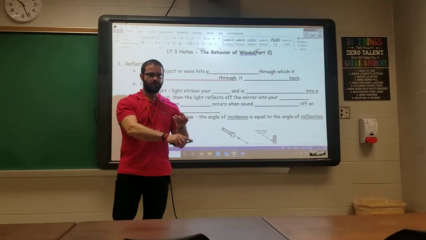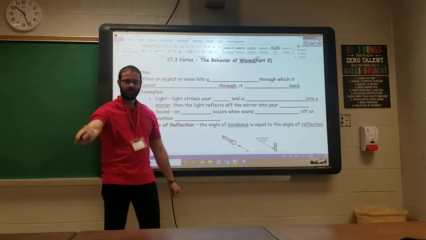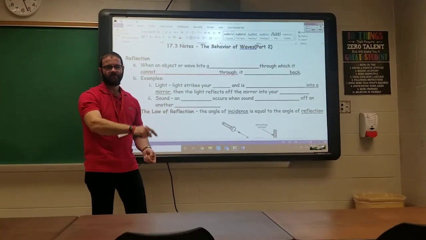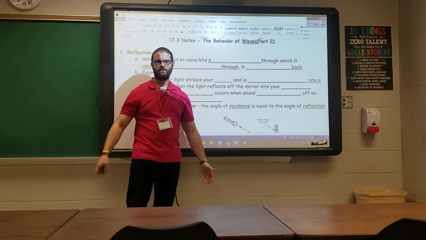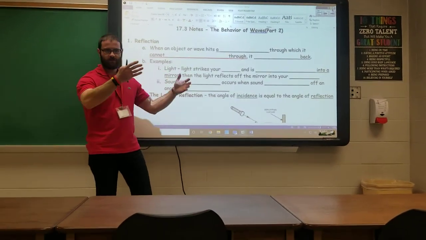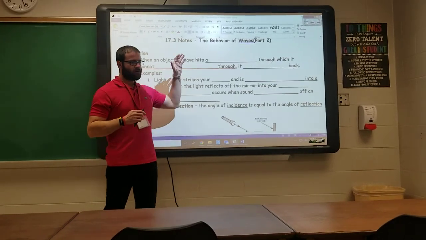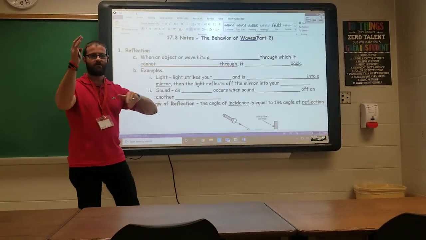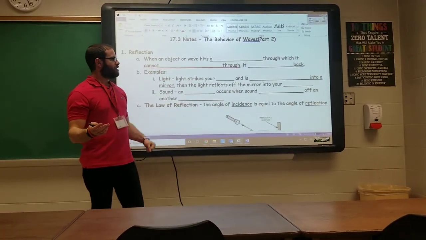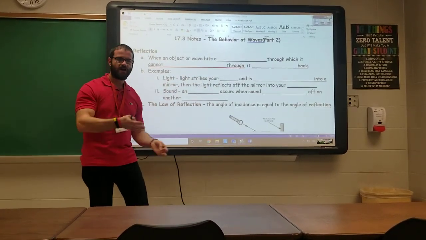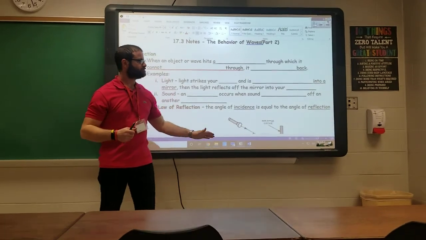Okay, so far we've looked at different types of waves, right? Transverse, longitudinal. We've looked at some properties of waves like speed, amplitude, frequency, period, and how all those relate. In this section, we're going to look at some different phenomena of waves that occur when waves interact with other waves or other surfaces.